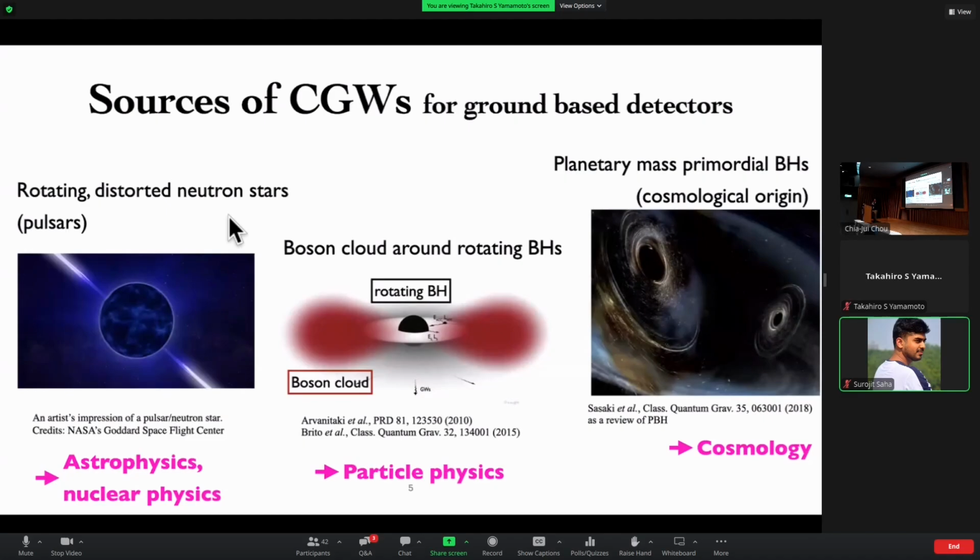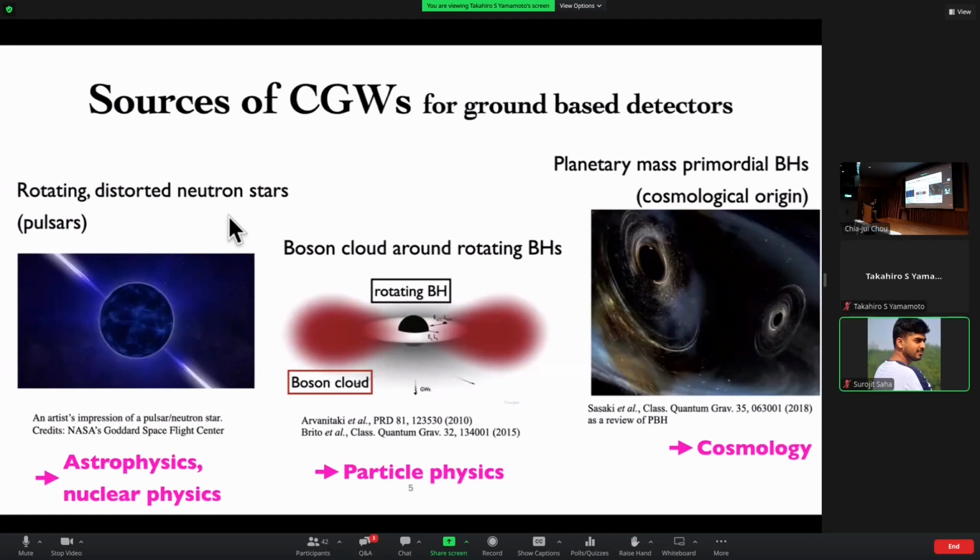So we know the information about the neutron stars, and we use the information from the radio astronomers to search for the continuous wave.